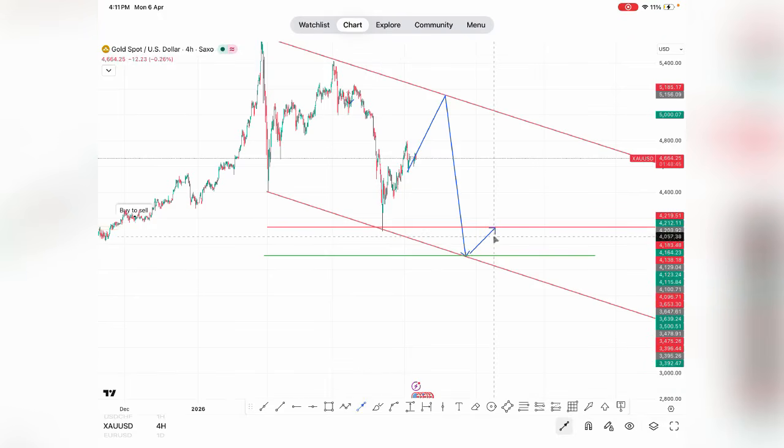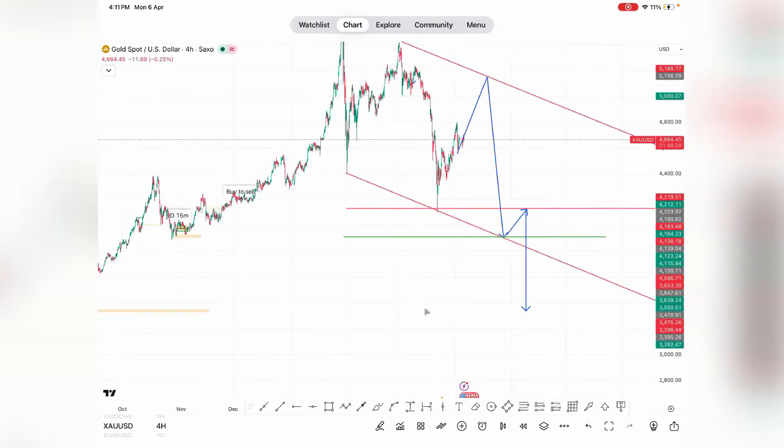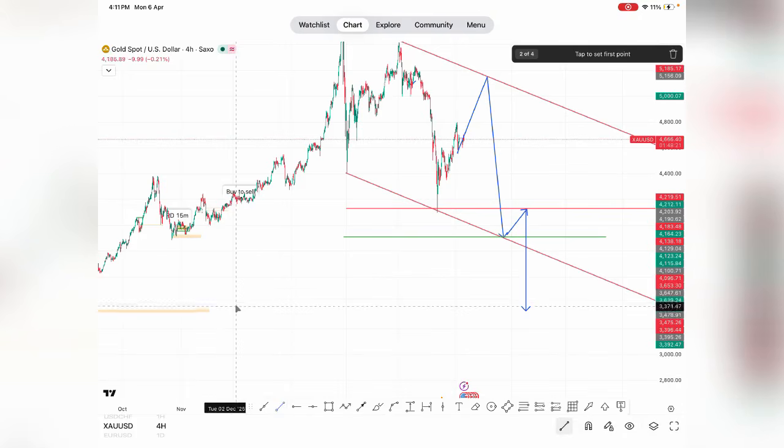Then afterwards, a massive fall. So we expect a massive fall down here.